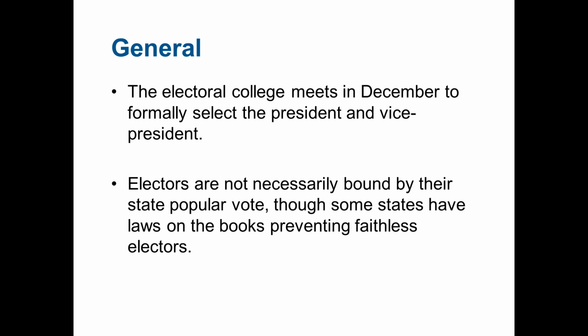I don't know if it was a man or woman, but his or her vote was invalidated and replaced with another person who did go and vote for Clinton. So even though at a constitutional level there's nothing saying that the voters have to vote a certain way according to their state vote, the states themselves can put into place procedures that allow them to basically take people out of the equation if they're not voting the way they should.